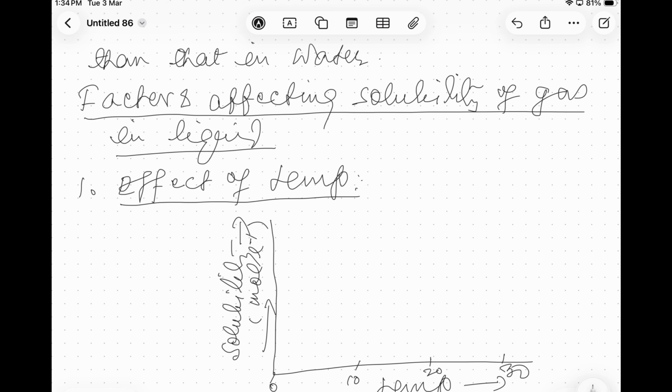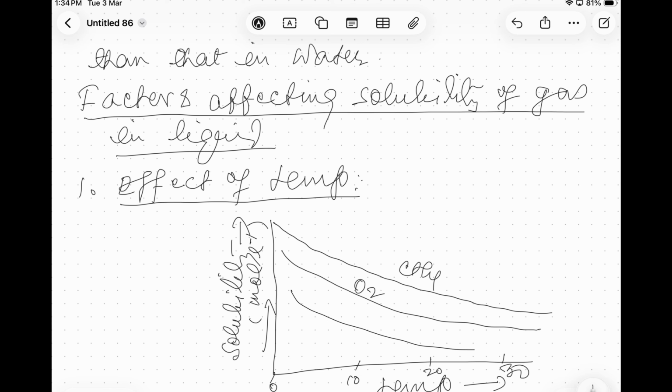You will find in all cases graph goes like this. It is methane. Here is oxygen. Here is carbon monoxide. Here is nitrogen, and so on.